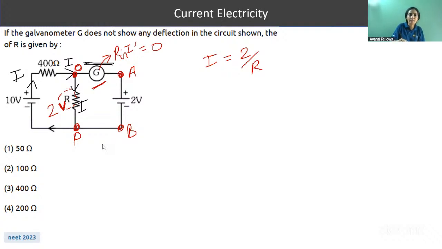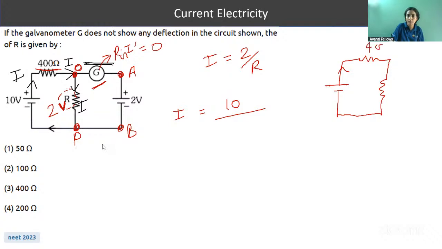And from the circuit, if you calculate the value of I, then I will be equal to the battery value, 10 volt, divided by the equivalent resistance in the circuit, which is 400 plus R, because this is a single loop circuit, right? Since no current is going in that arm, remove it and look.